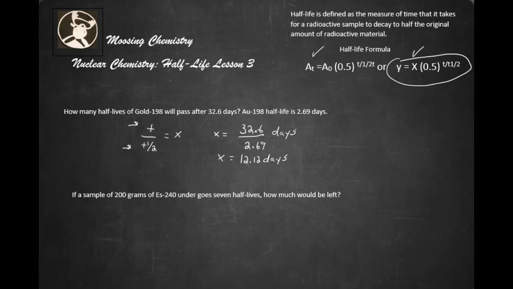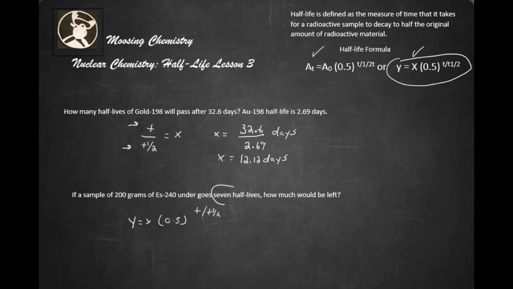Really, seriously. Okay, if a sample of 200 grams of Einsteinium-240 undergoes 7 half-lives, how much would be left? Well, no problem. In this case, you are going to use y equals x times 0.5 to the T over T1/2. Well, guess what?